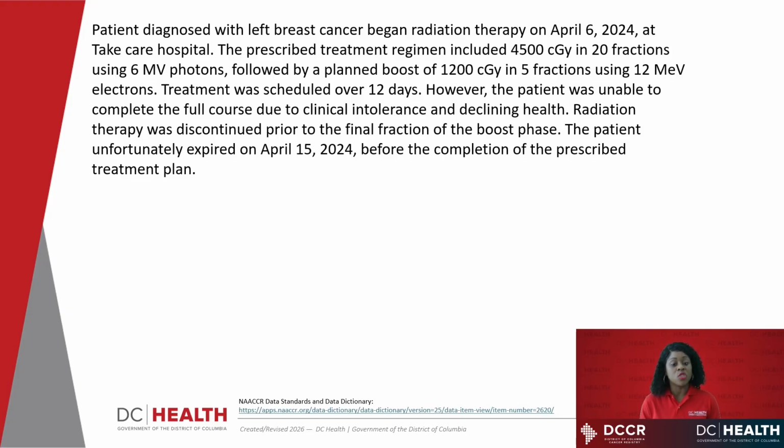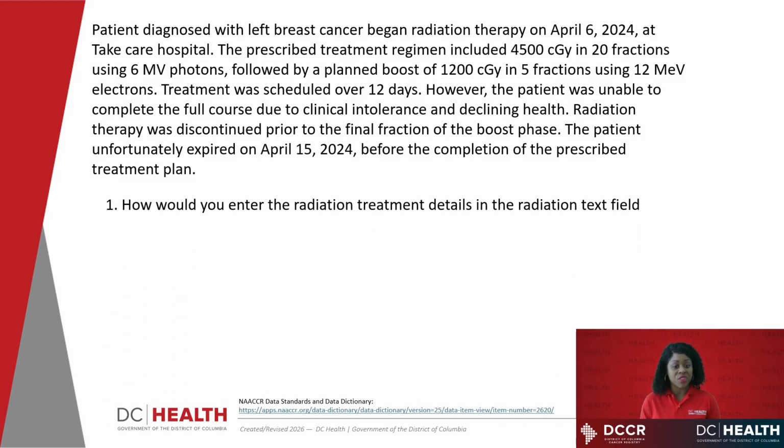Treatment was scheduled over 12 days. However, the patient was unable to complete the full course due to clinical intolerance and declining health. Radiation therapy was discontinued prior to the final fraction of the boost phase. The patient unfortunately expired on April 15, 2024, before the completion of the prescribed treatment plan.